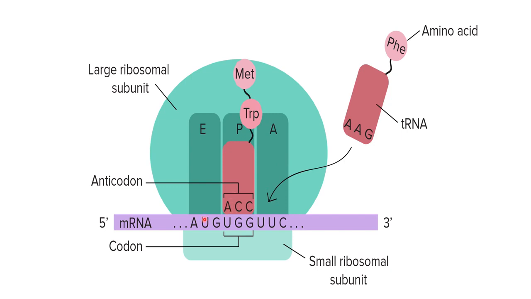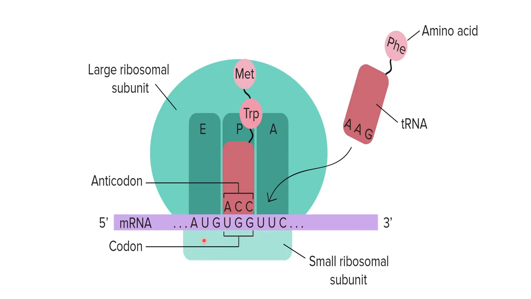Now the initiator tRNA came here at the AUG codon with the methionine amino acid. So this first amino acid you can see here is methionine. Now the second tRNA came with the sequence ACC. You can say this is the anticodon, which is reading the codon present on the mRNA.